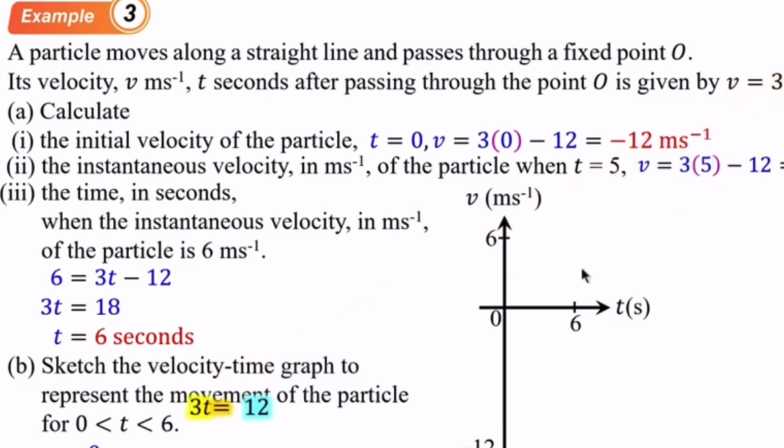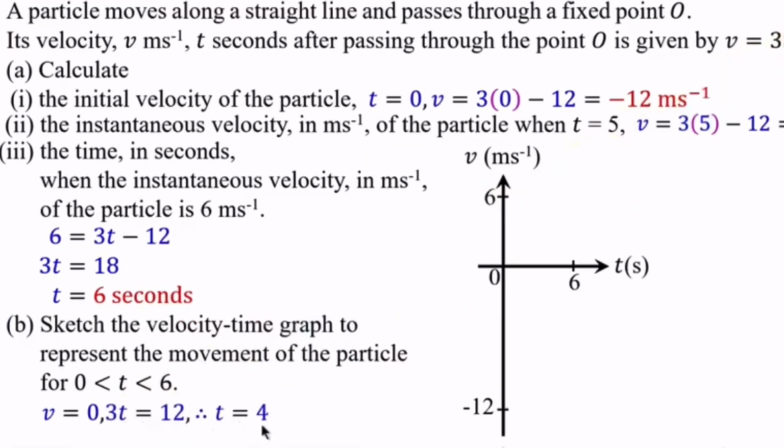So let's plot the points first before we draw a straight line. In order to draw a straight line, we just need any 2 points, and we use a ruler to connect the 2 points, and then we get the line that represents the graph of the movement of the particle, which is velocity with respect to time.